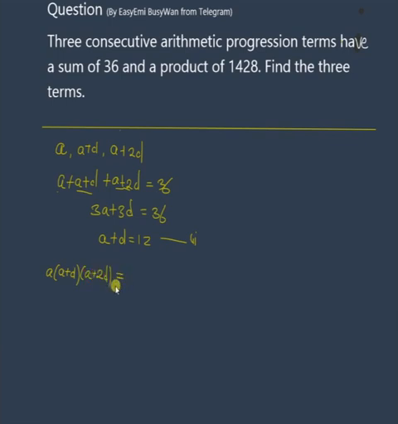When I expand, I shall have A cubed plus 3A squared D plus 2AD squared, and the product should be 1428.